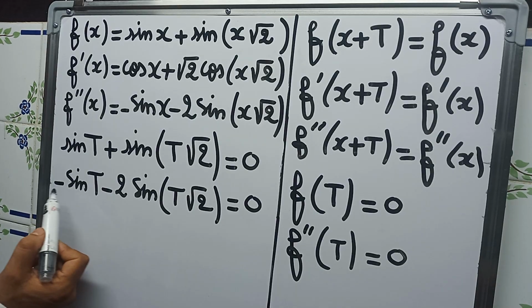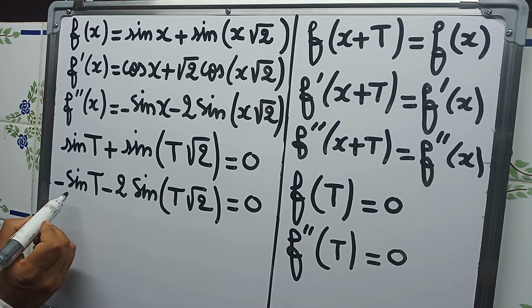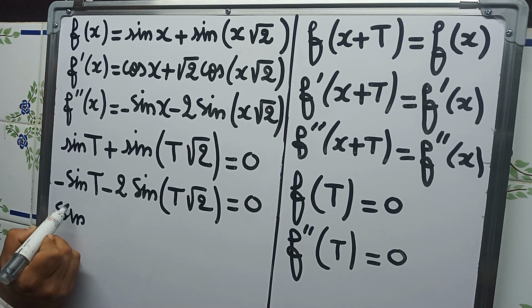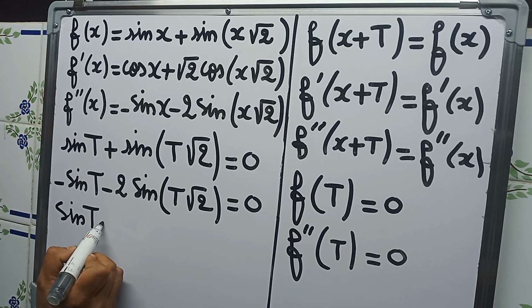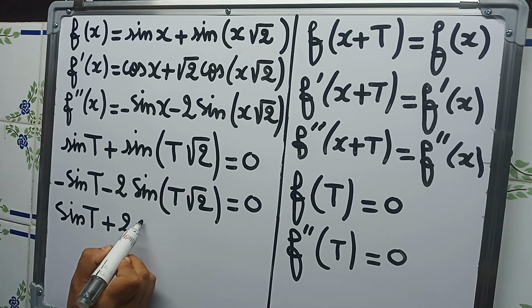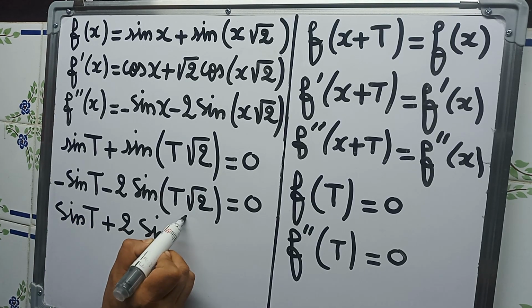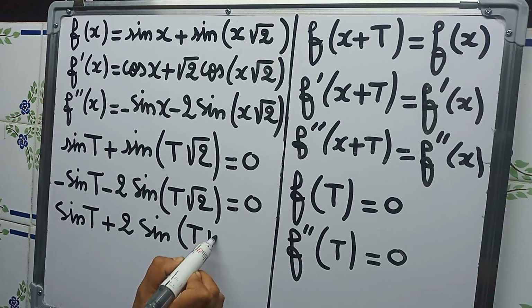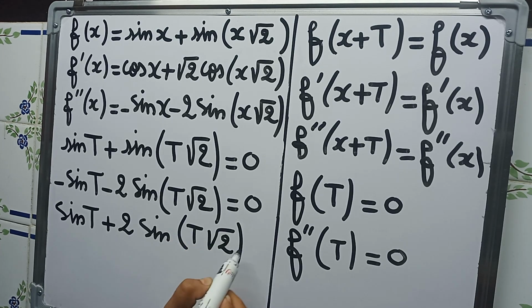And here, multiplying by minus 1, we will have sine of t plus 2 sine of t square root of 2 is equal to 0.